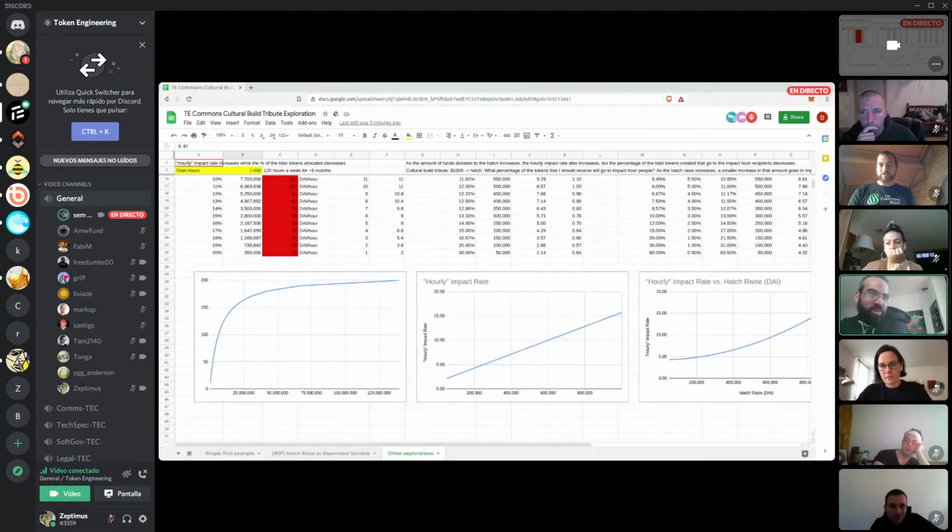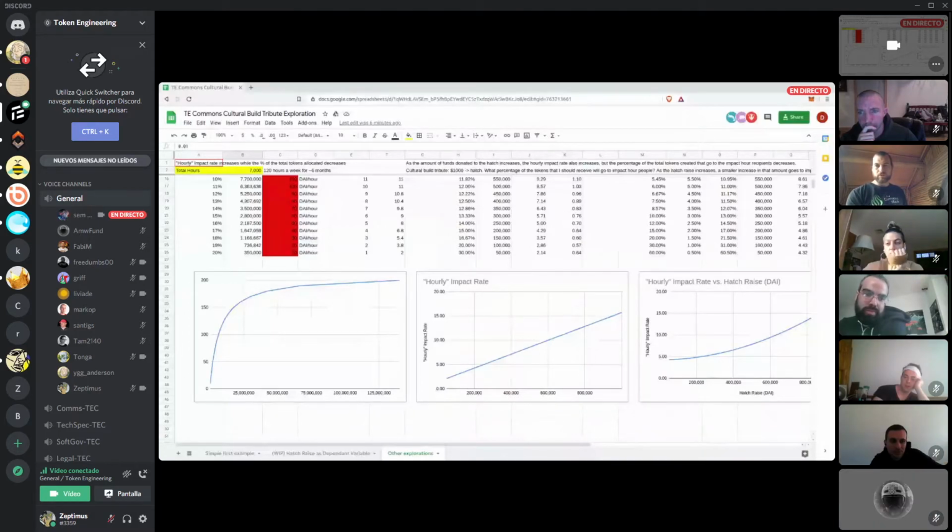We cannot use logarithms, but in Solidity, well, we can use logarithms, but it's better not to use them. There are some limitations, but I think that instead of doing it piecewise, we can just approximate a function that works fine for this, and I think that it will be easier to explain also for people.